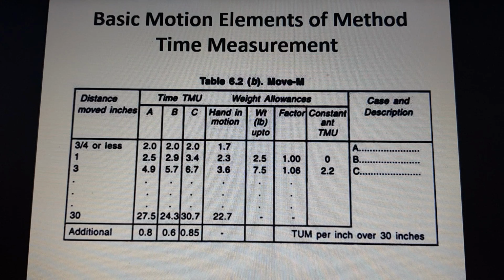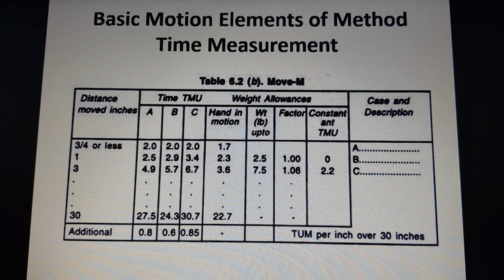All times are in TMUs, depending on the type of movement that we're generating. Also, if there are additional inches, you can see it in the section below the table, where it says additional. That's the amount of time that's going to be added depending on the number of inches. It's going to be multiplied.